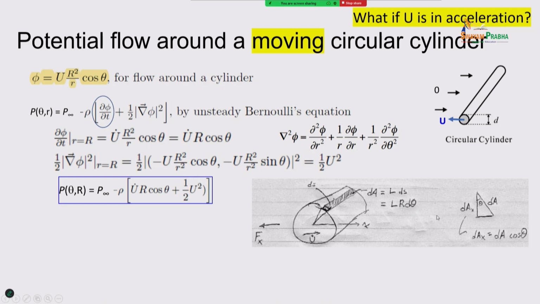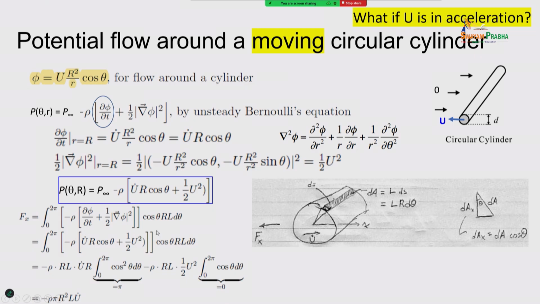Now if you want to calculate the pressure force, you already know the pressure, right? Pressure times this area, and you do the integration, projecting into the x direction. As a result, you find out, wow, now we have a force.